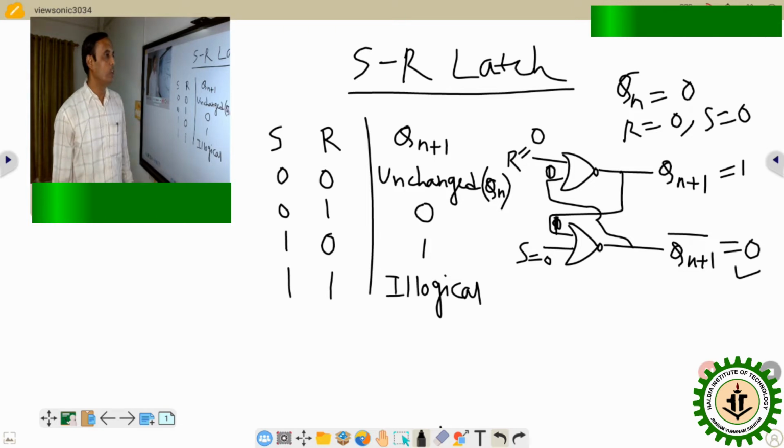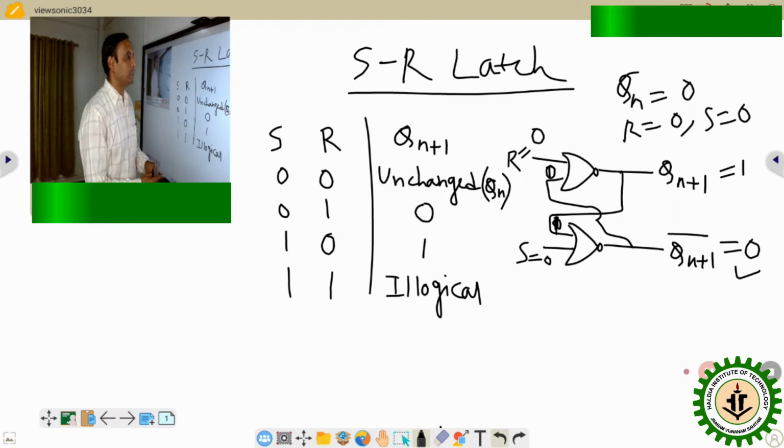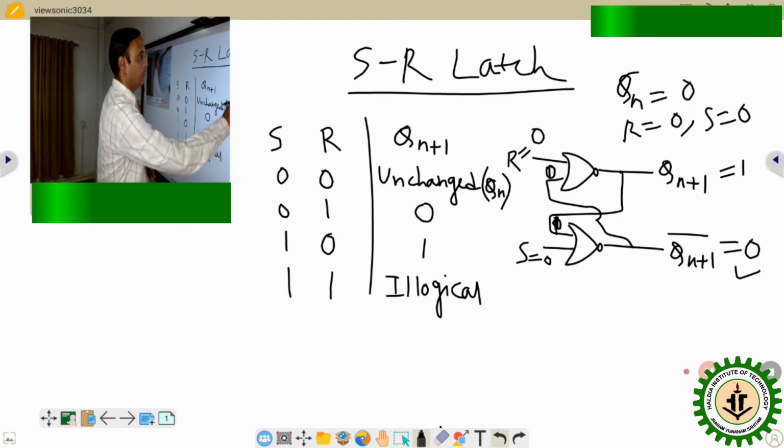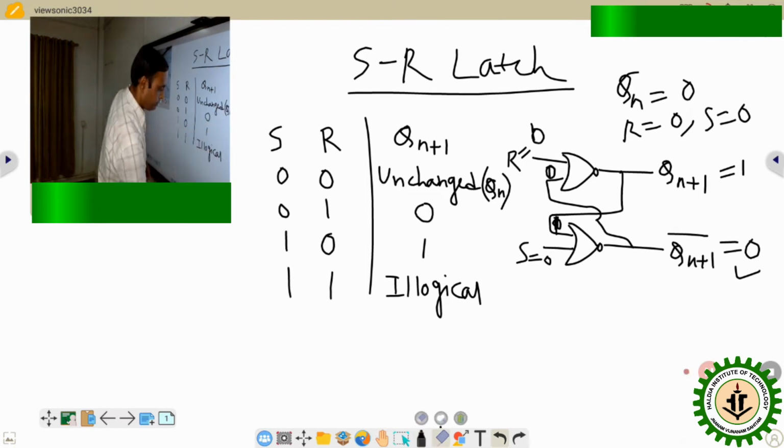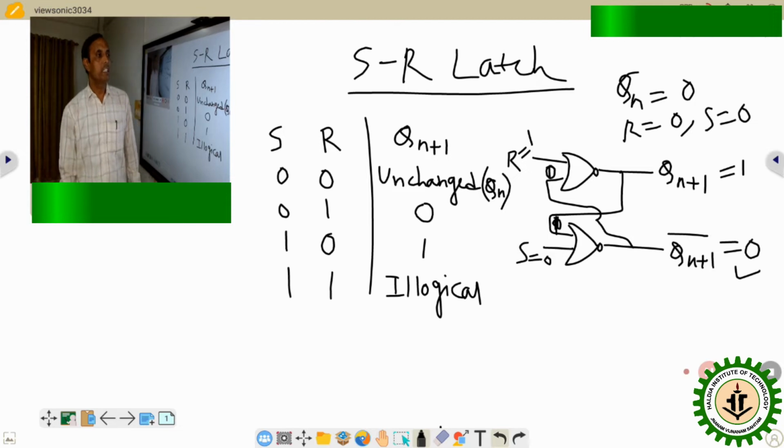For the case of 0 1, what will happen? Consider 0 1. At this moment I am considering S equals 0, R equals 1. And same, consider the present output is 1 and the complement of the present output is 0. What will happen?